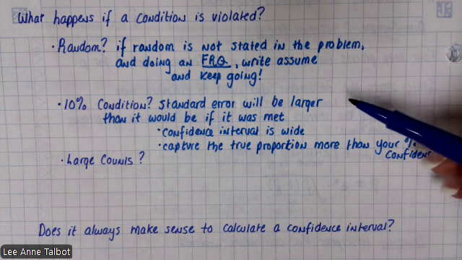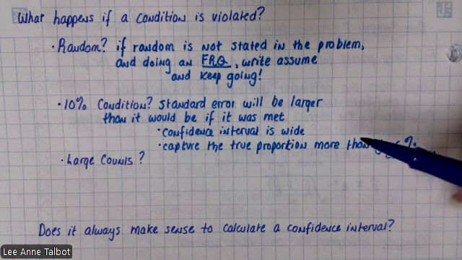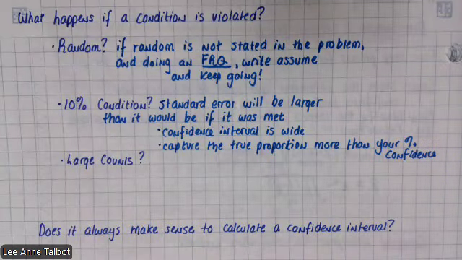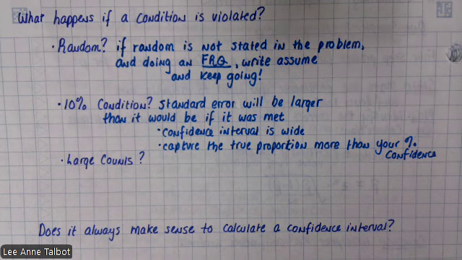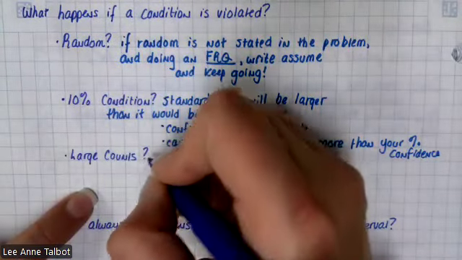This is kind of like being like Garfield and saying, well, I want to be really, really sure, so I'm going to say -40 to 200, which is a huge range. It doesn't really give you any valuable information. Okay. Opposite with large counts.